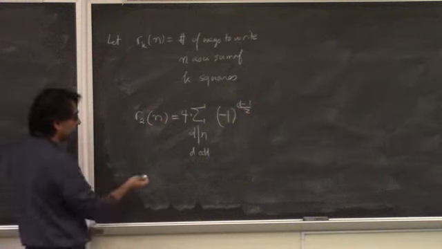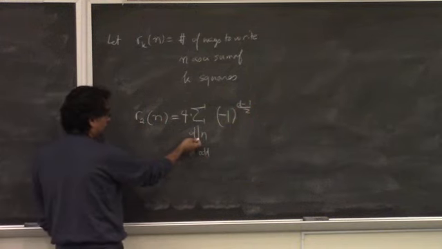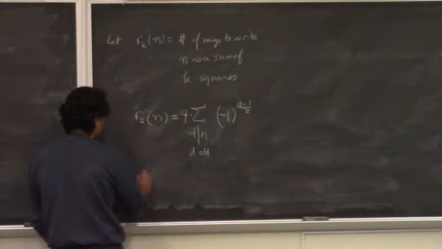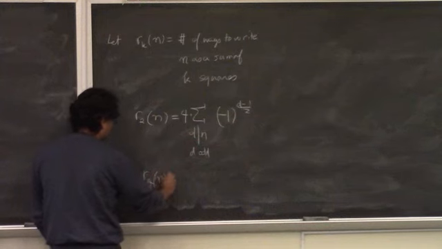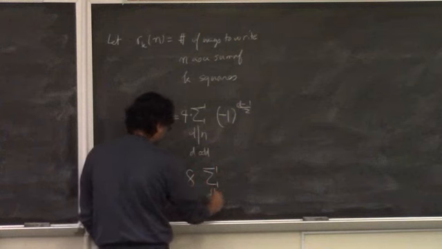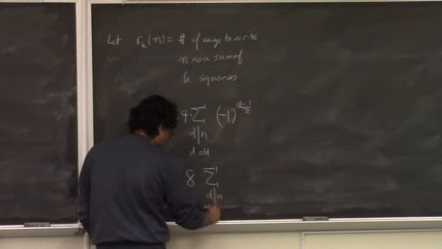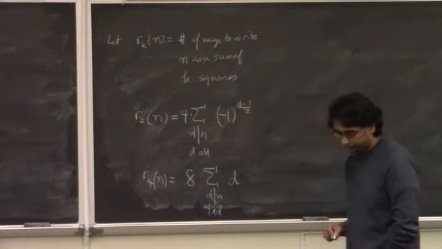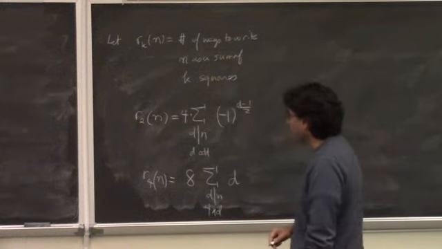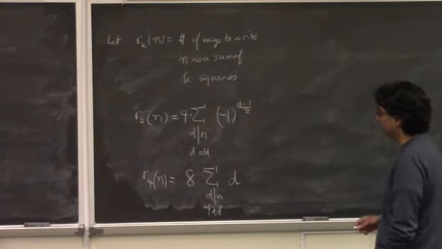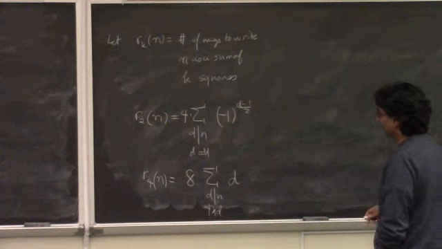So you're counting the number of divisors congruent to 1 mod 4 of n and subtracting off the number of divisors congruent to 3 mod 4. r_4(n) is equal to 8 times the sum over d dividing n where 4 doesn't divide d. So two very simple closed formulas in terms of divisor sums.